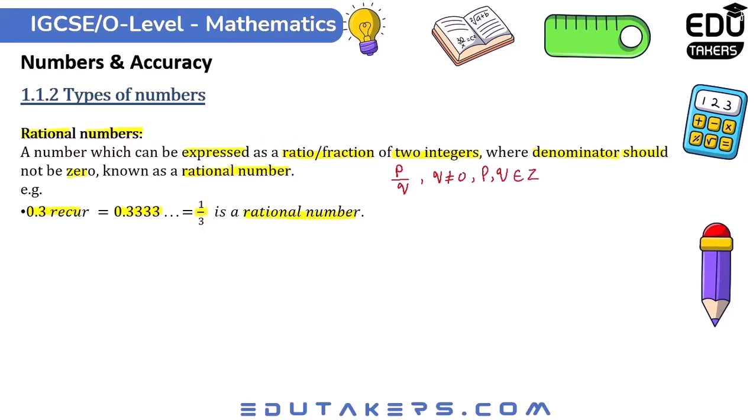We can write them as a fraction, and 3 is not equal to 0. Next example is 0.25. We can write it as a fraction of 25 over 100, and in simplified form it is 1 over 4, which is again a rational number.